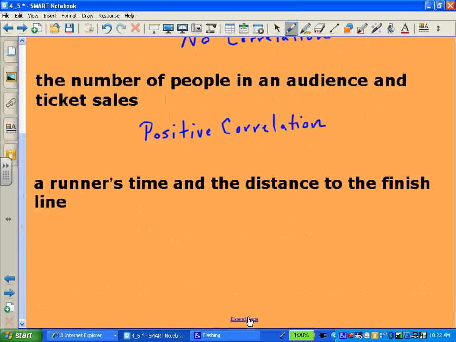Okay, and then how about this? A runner's time and the distance to the finish line. So again, we think through this. Do you think the longer a runner runs, the shorter the distance to the finish line? Or the longer a runner runs, the longer the distance to the finish line? Or do you think it doesn't matter?